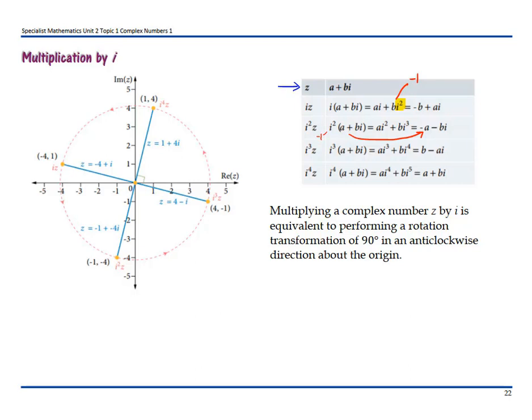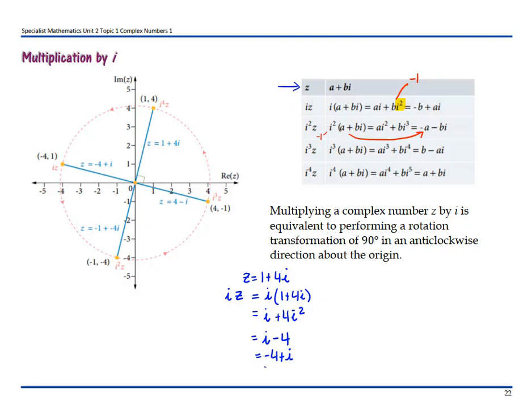If I started with z equals 1 plus 4i, if I went iz, that would be i bracket 1 plus 4i, which is i plus 4i squared, which is i minus 4, or -4 plus i.